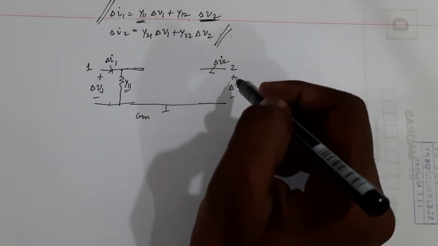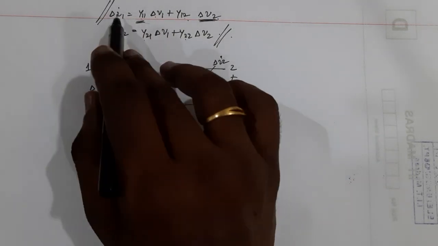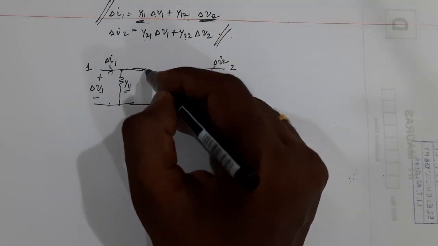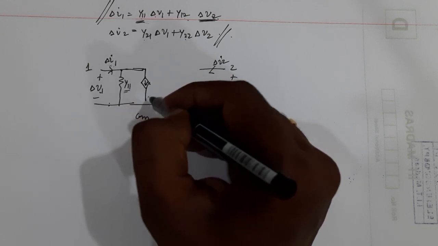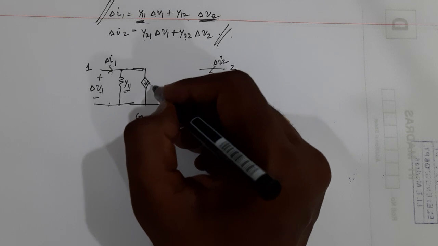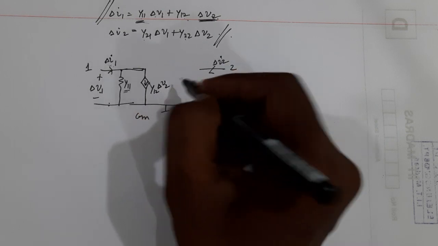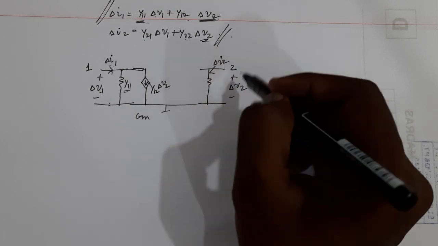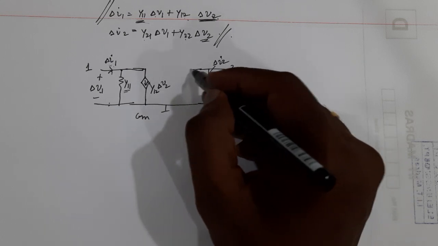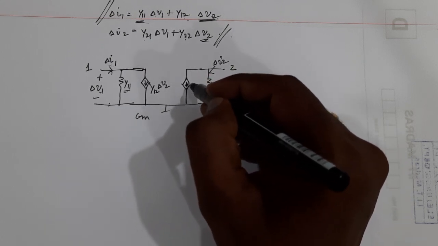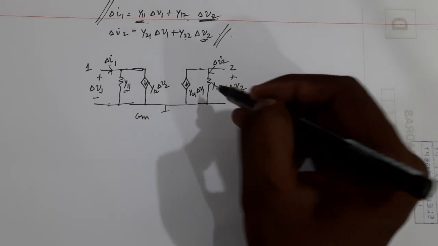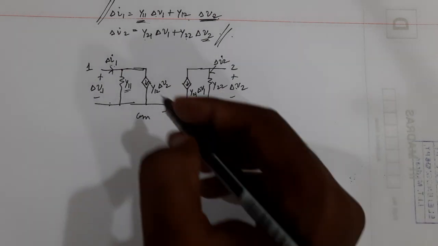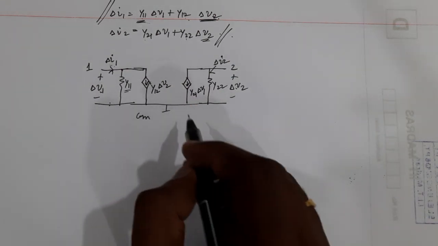Now remember, delta V2 is the voltage at the second port, but you want to define the first current with the voltage at the second port, so it should be done using a dependent current source. This dependent current source will be Y12 delta V2. Similarly here, delta V2 is appearing, so this will be Y22, and this will be a dependent current source to represent Y21 delta V1, right? I hope this is clear. Otherwise you go back and check the video, and then this should be clear.